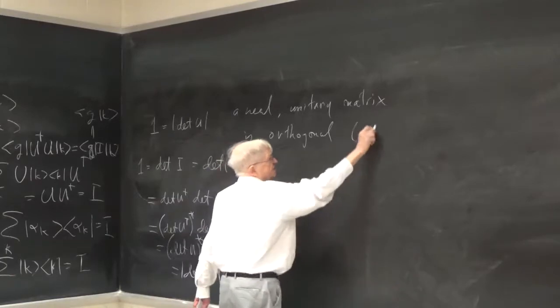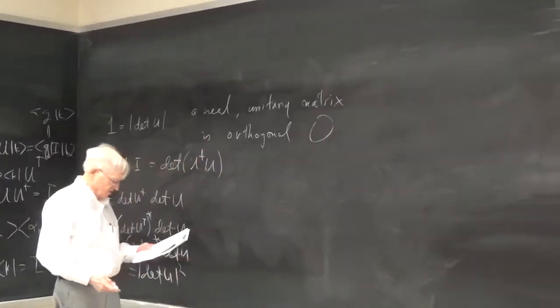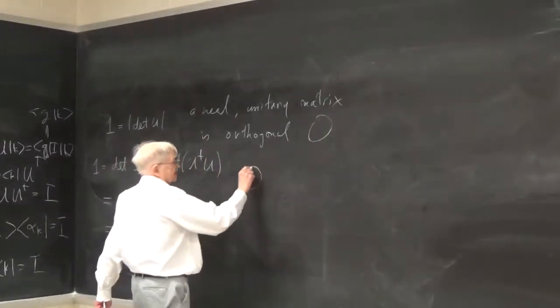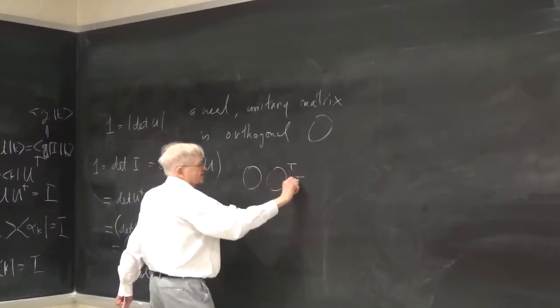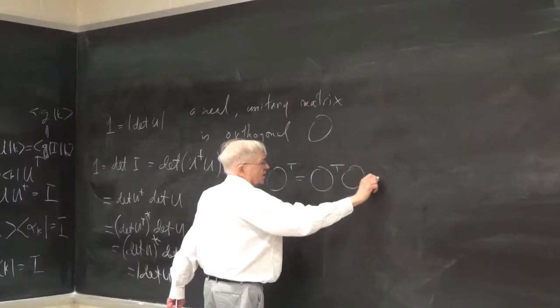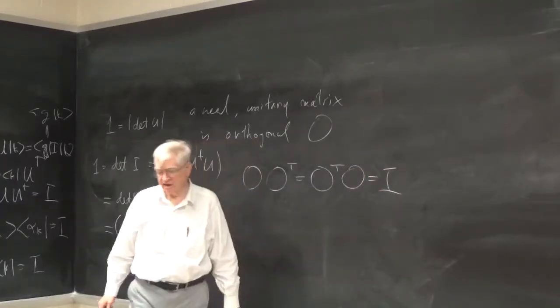And we usually use O for orthogonal matrices. And it then satisfies the rules O transpose O is equal to the identity.